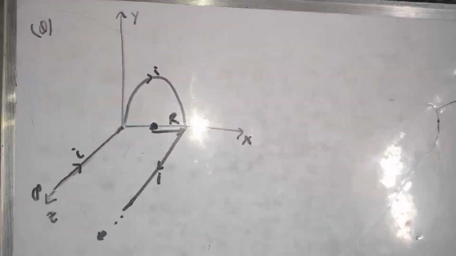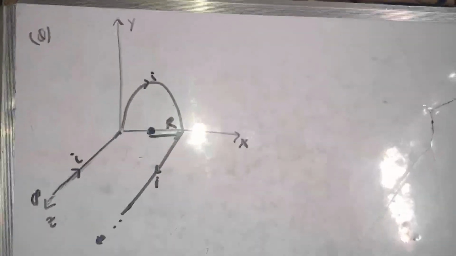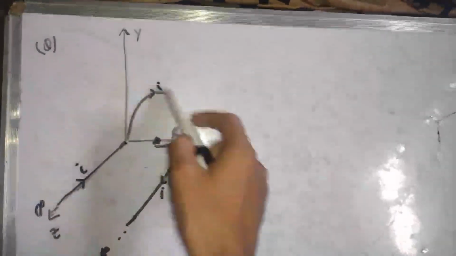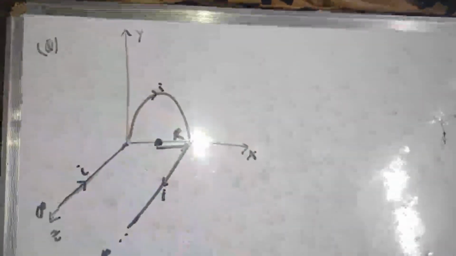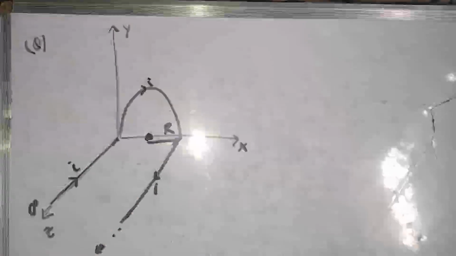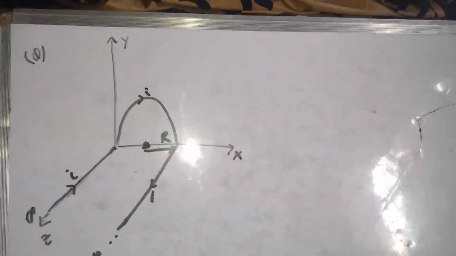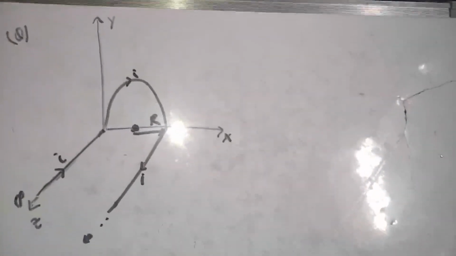We can do this. So first we have to analyze that there are three segments. The first segment is this semi-infinite wire, the second segment is this semicircular arc, and the third segment is again this semi-infinite wire. But here the direction will be a little bit problematic. So first we have to talk about direction.